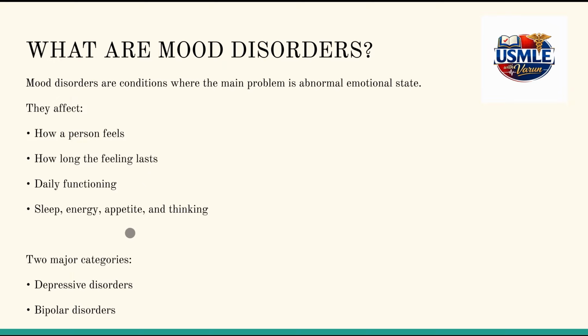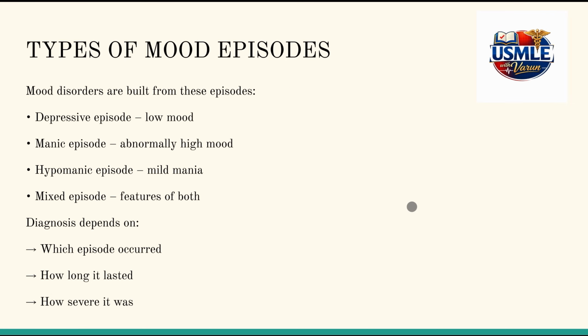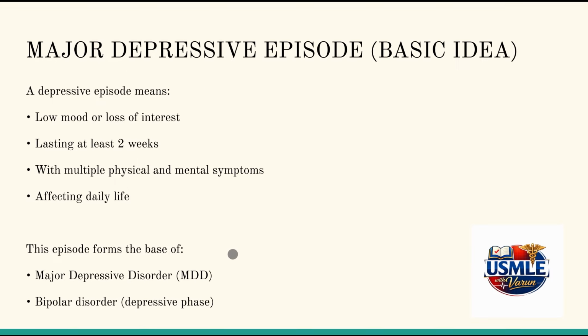These disorders affect sleep, appetite, energy, thinking, and daily functioning. Mood disorders are built from four types of episodes: depressive episode, manic episode, hypomanic episode, and mixed episodes. How long it lasts and how severe it is decides the diagnosis.